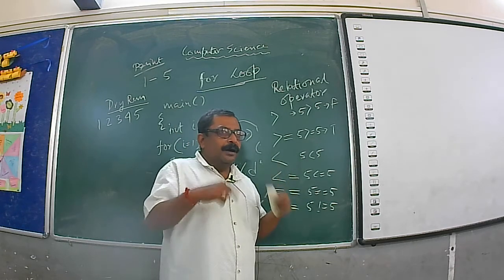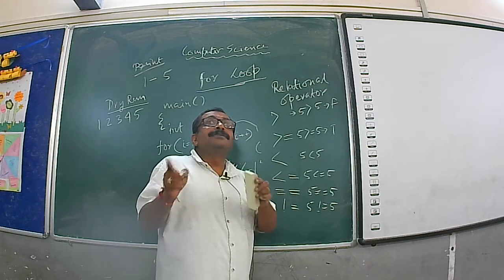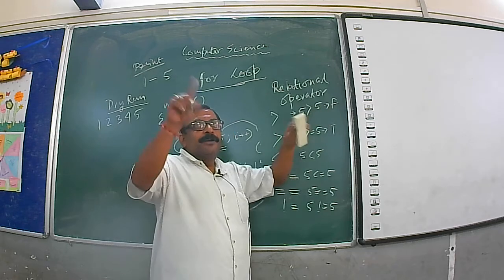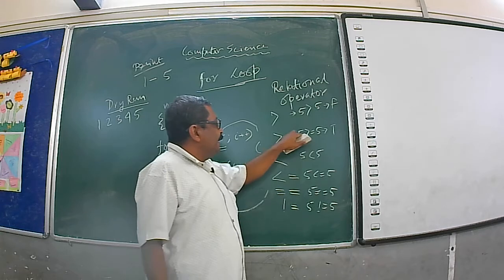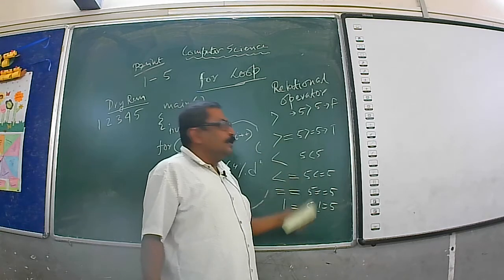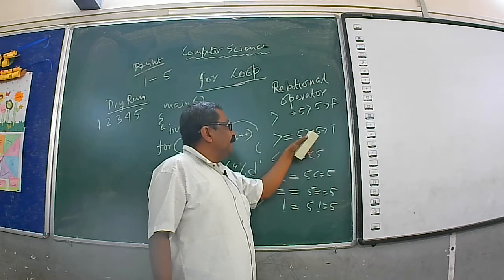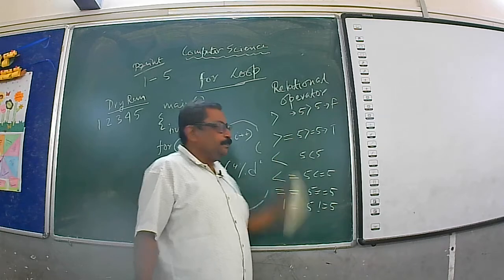Ask yourself, is 5 greater than 5? The answer is no. We cannot represent it by no, we represent it by false. 5 greater than or equal to 5: two operators are combined, greater than and equal to. Greater than is false, but equal to is there, that is the reason this is true.